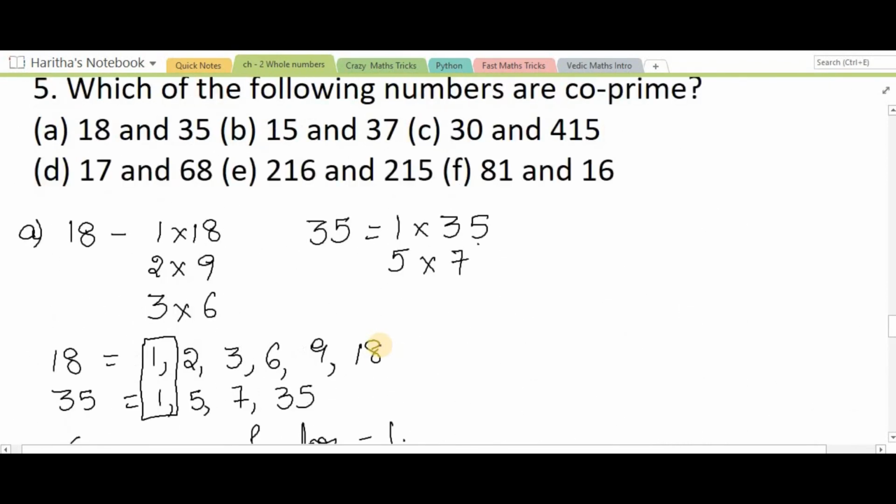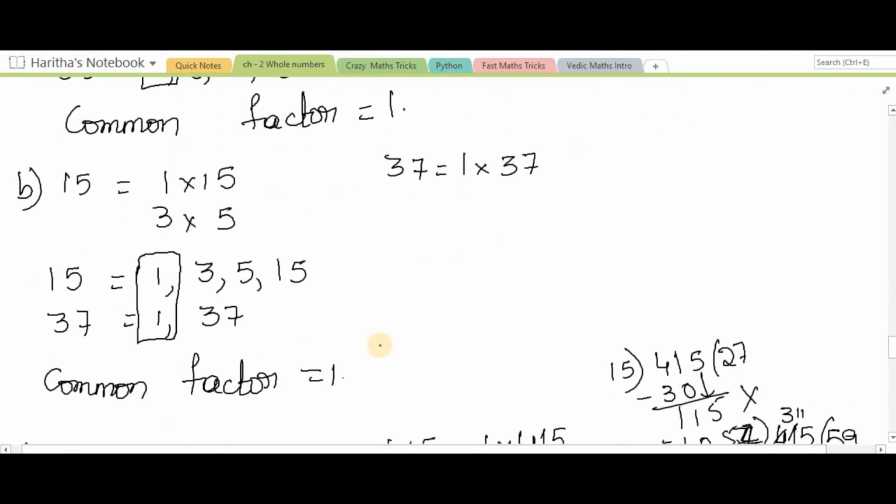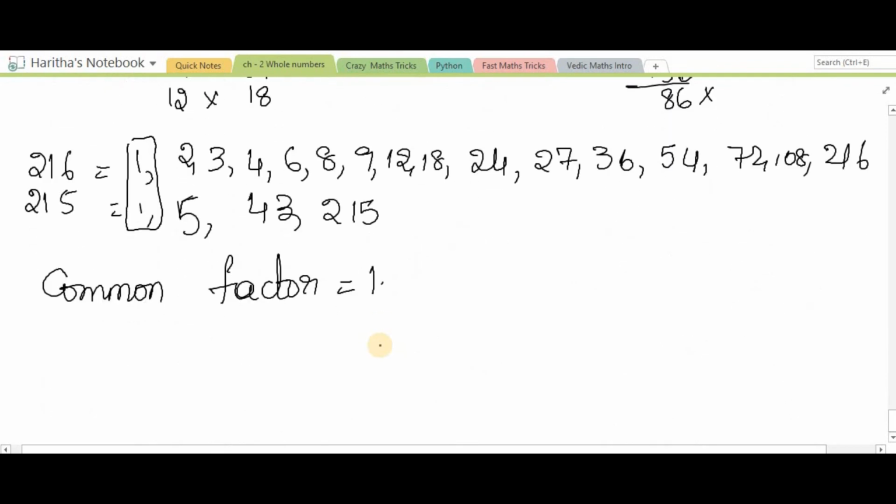And moving on to the last question, that is 81 and 16. 81: 1 table, 2 table will not come, 3 27s are 81, 4 will not come, 5 will not come, 6 will not come, 7 will not come, 8 will not come, 9 9s are 81.